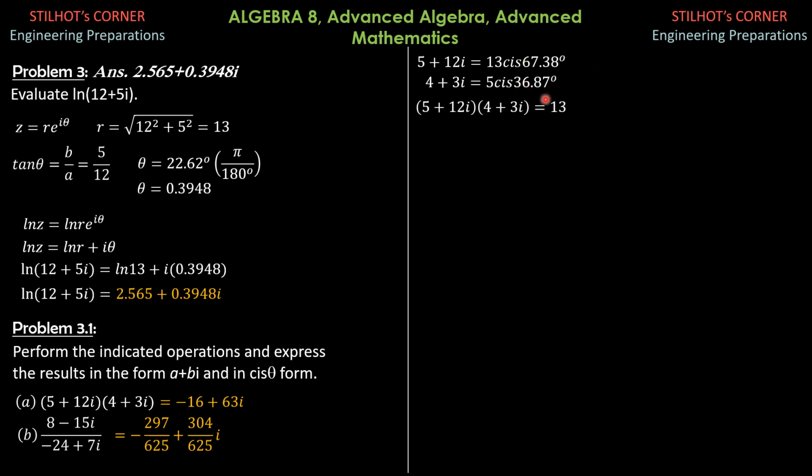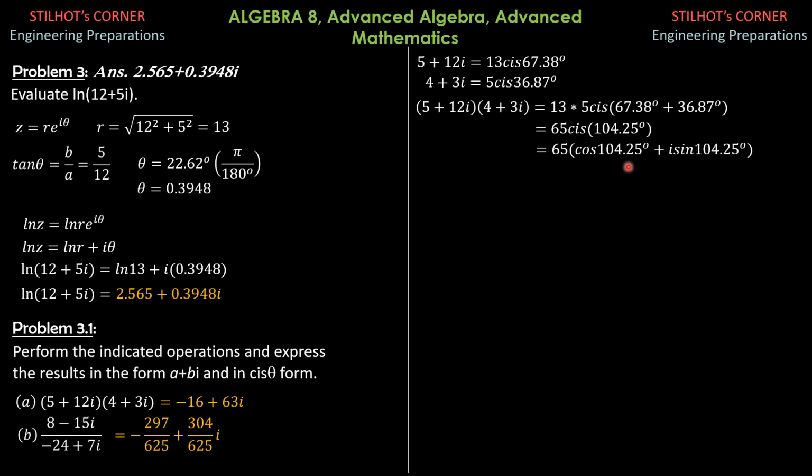67.38 degrees plus 36.87 degrees in cis form. So simplifying further, that's equal to 65 cis of 104.25 degrees, and particularly this is 65 quantity cosine of 104.25 degrees plus i sine 104.25 degrees.